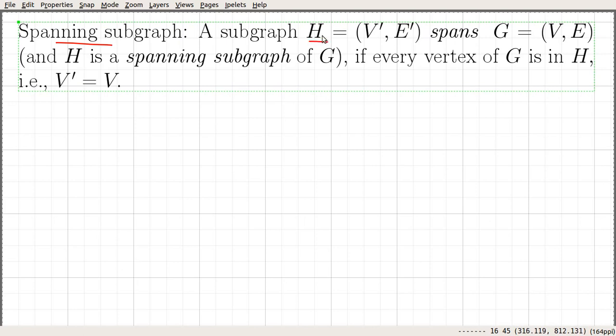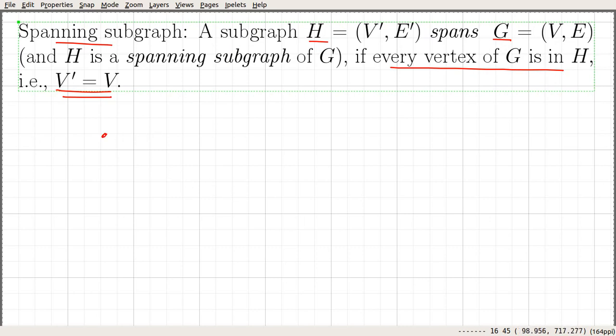A subgraph H is said to span a graph G if every vertex of G is in H. So we say a subgraph H, V dash E dash, spans another graph G, V E, if V dash is equal to V.